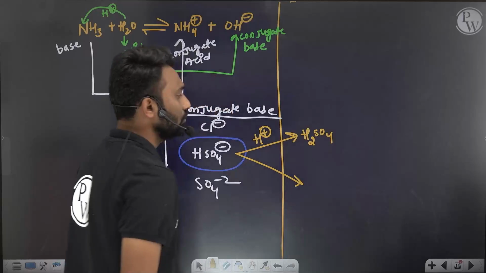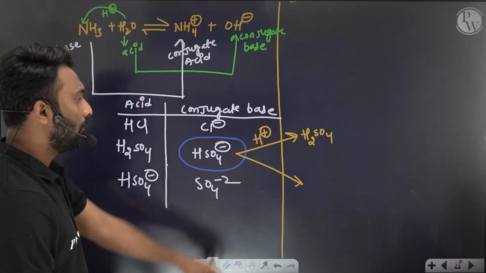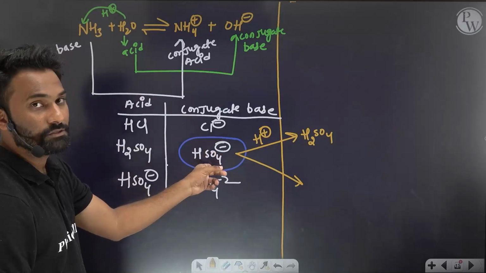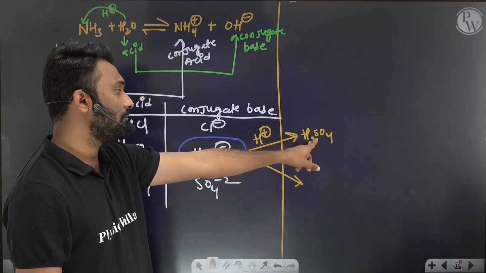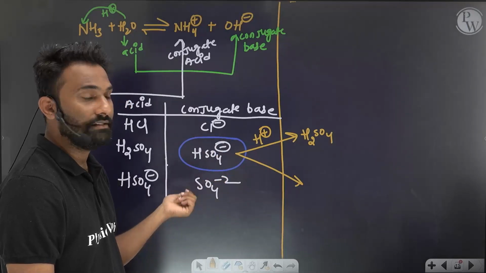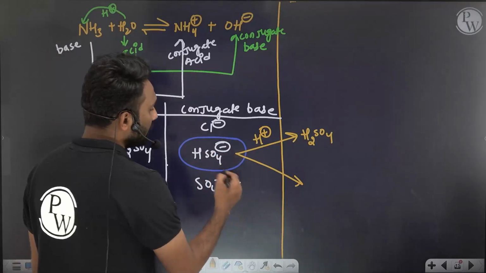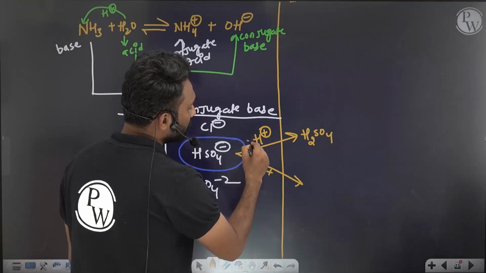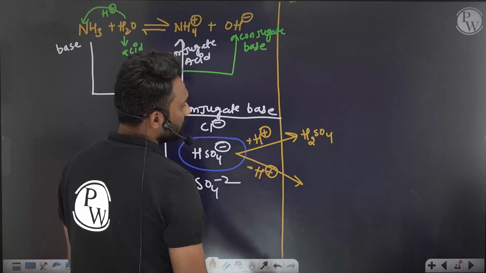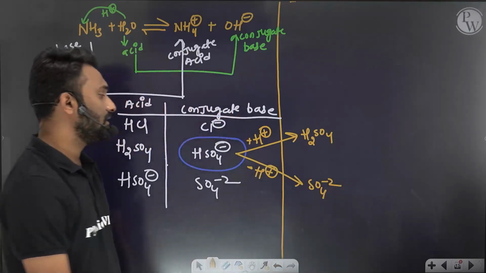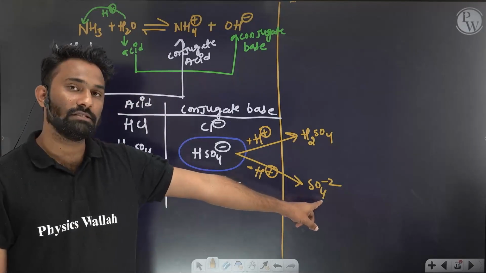By accepting the H plus, it is acting as a what? Conjugate acid. Here it can lose the H plus, and then it will form SO4 minus 2.